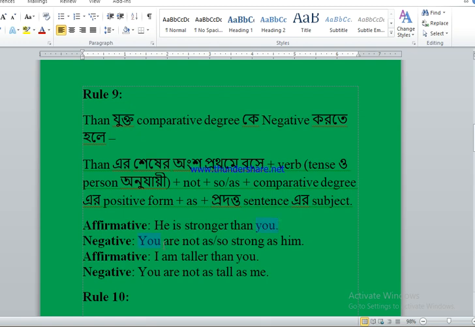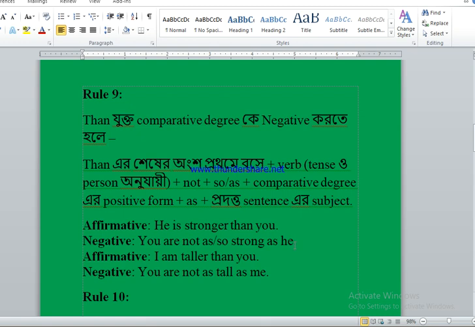Then you will use the verb "are", plus "not", then "as" or "so", plus "strong" from the comparative degree "stronger", plus "as", then the subject of the affirmative sentence, that means "he".